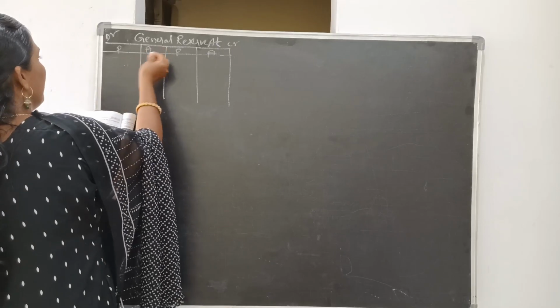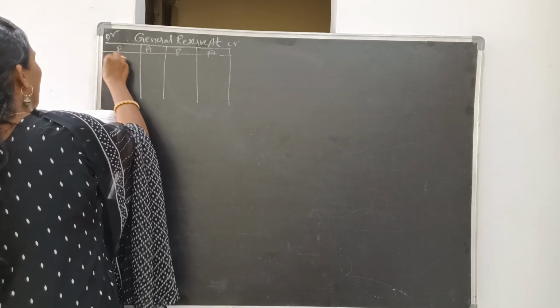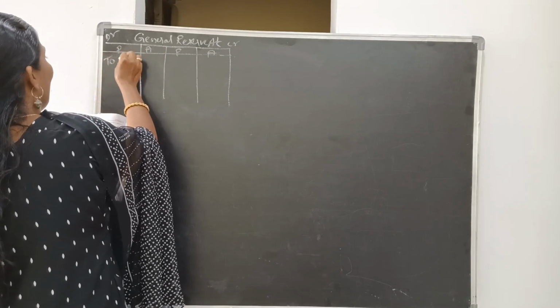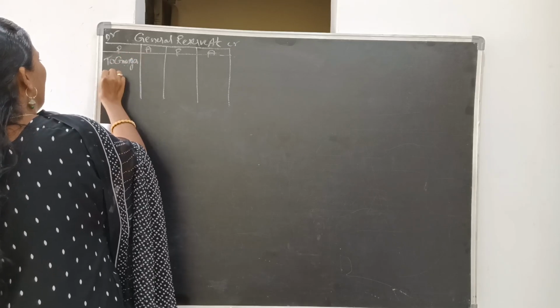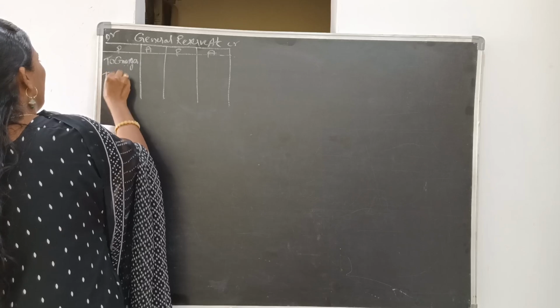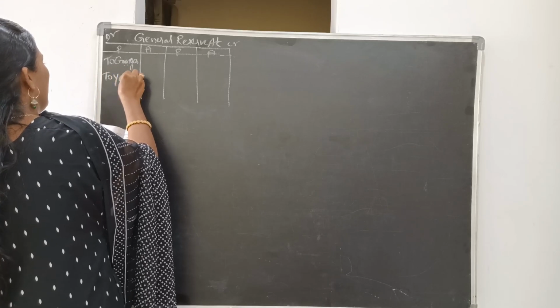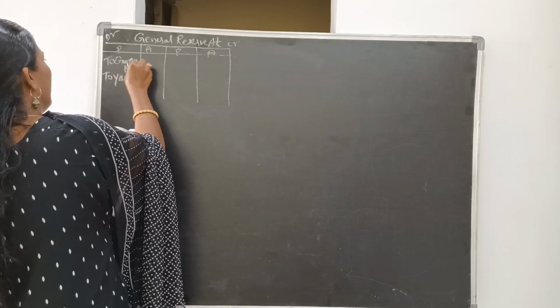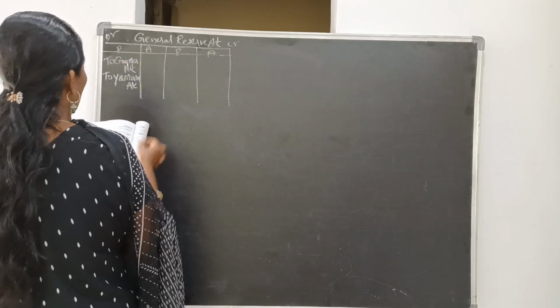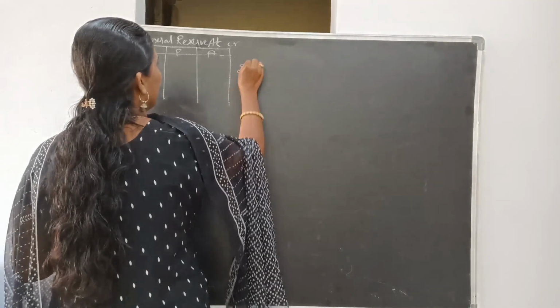So what is the journal entry? General reserve account debit to Ganga and Yamuna account. So this is Ganga account and this is Yamuna account. What is the general reserve amount? 25,000.